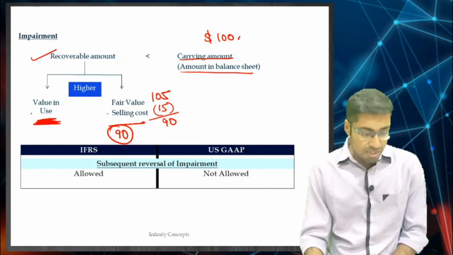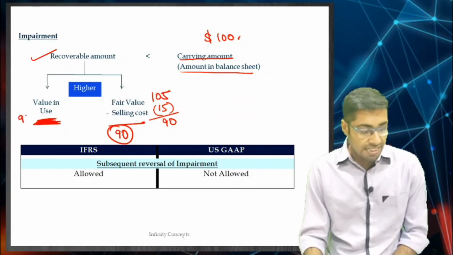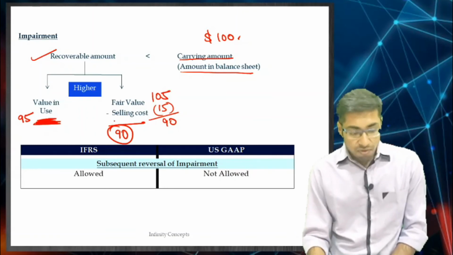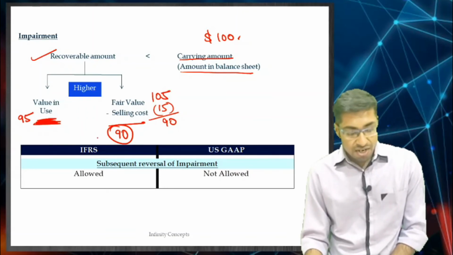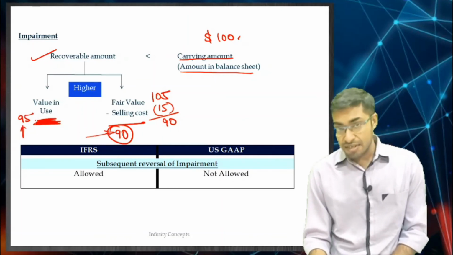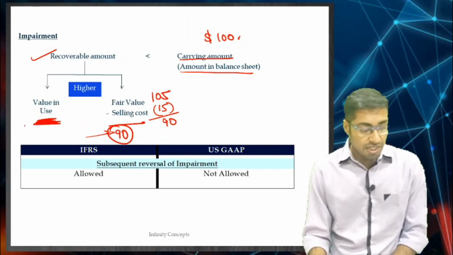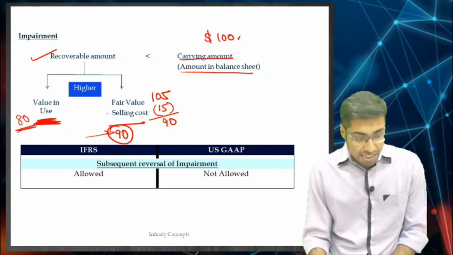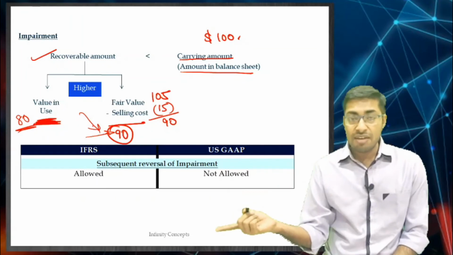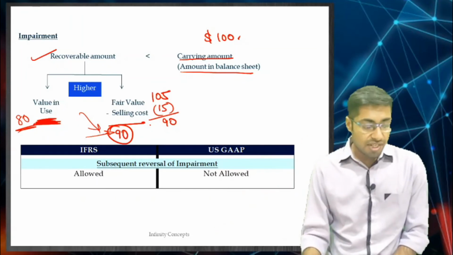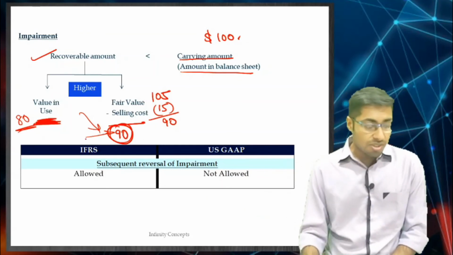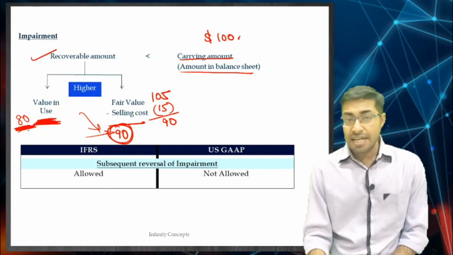If, for example, your value in use is 95, then higher of these two, obviously you will not sell the asset right now for 90, because you are going to make a profit of 95 by using it. If by using it your profit is, say, 80, then it is better that you sell right now for 90, like you sell it for 105, incur an expense of 15 so that you get 90, because by not selling and keeping that in use you are getting only 80.